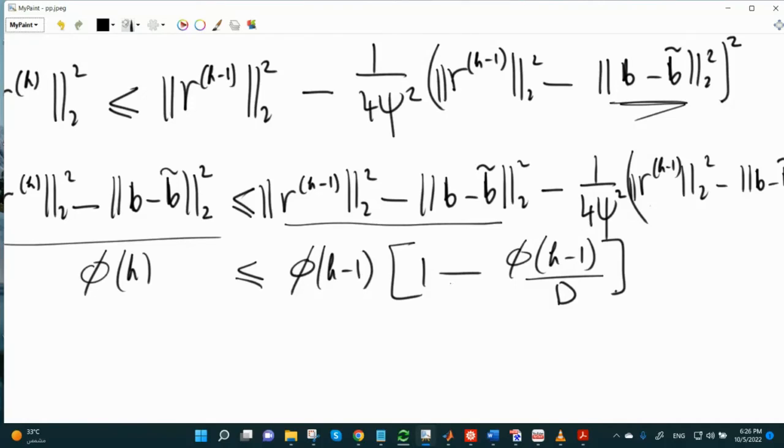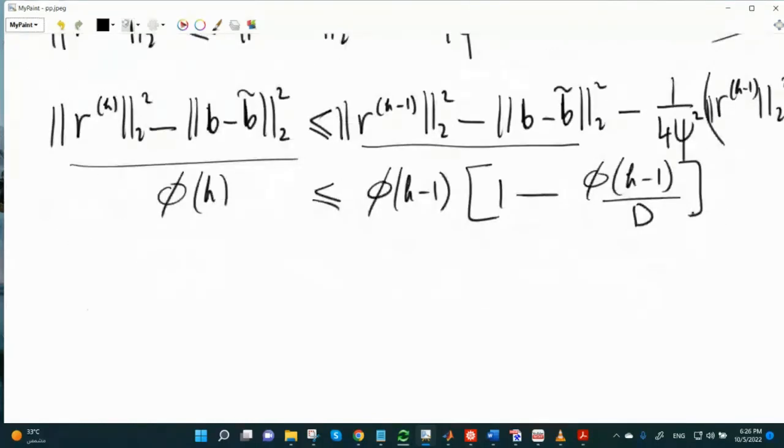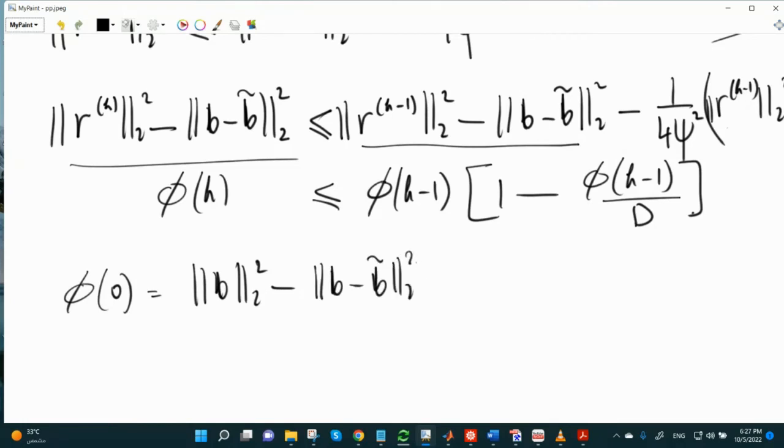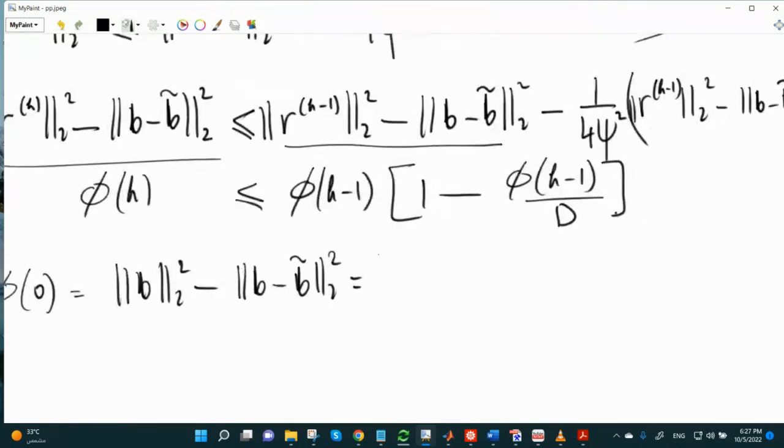So how can we proceed from here? We are very close. The first thing is to investigate this function phi. So what is phi of 0? Initially you are not using any columns, and the residual vector is just vector b itself. And so this is b squared minus b tilde squared, and so this is b tilde plus b minus b tilde L2 norm squared.